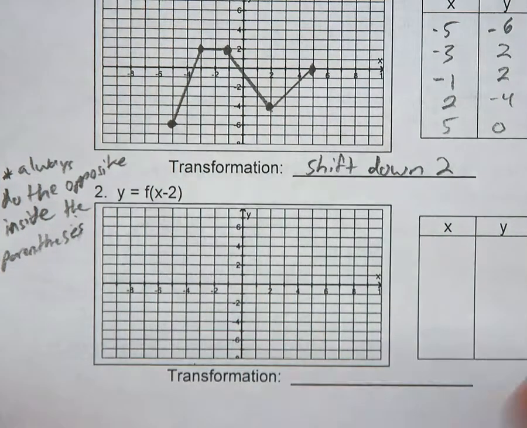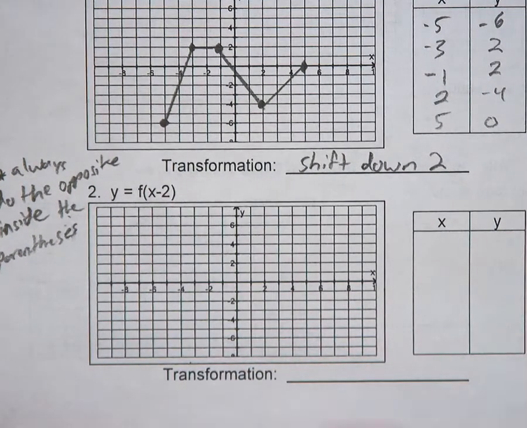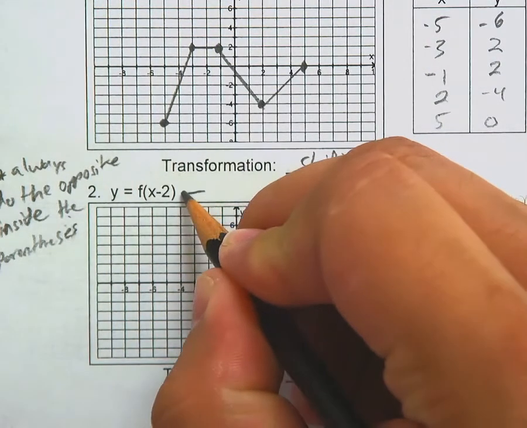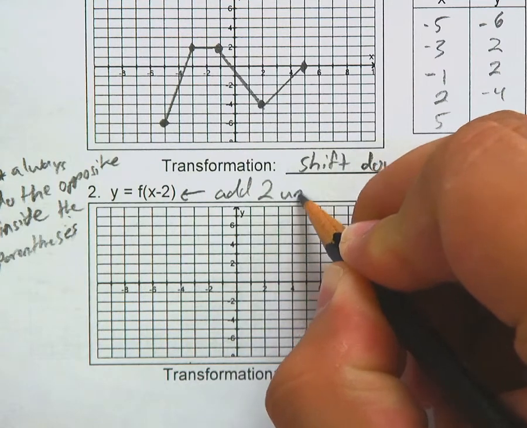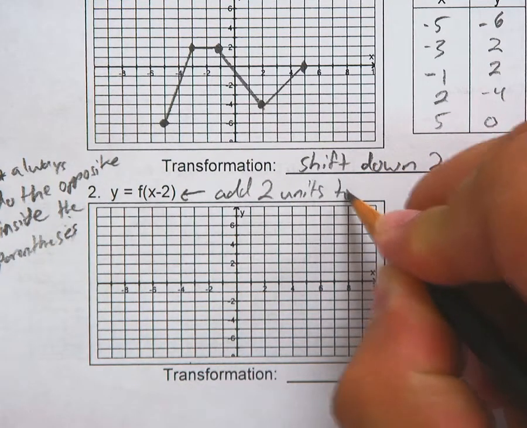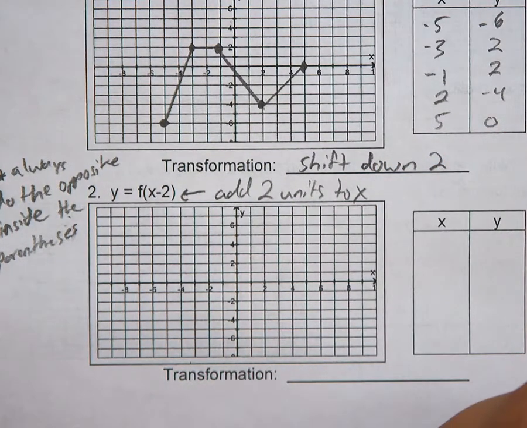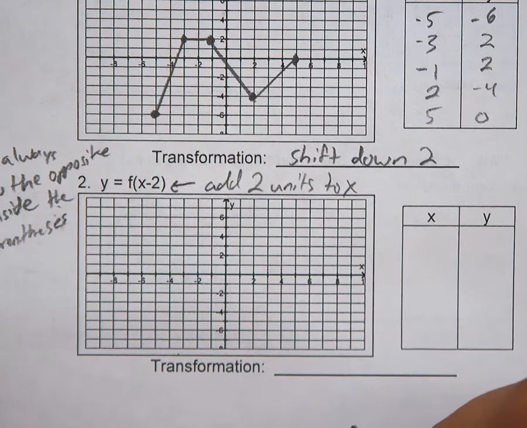And I think it'll make more sense once we name the transformation down here. But for right now, I want you to do this. Just write down add 2 units to x. Now again, the idea is that you are keeping your y values the same, right? You want it to be y is equal to something.